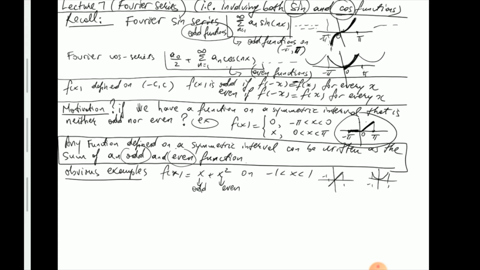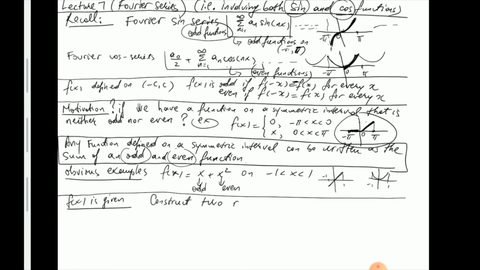So here's a recipe of how to construct the even and the odd part. Let's say f of x is given, the given function. Construct two related functions. One of them, let's call it g of x, is defined as the semi-sum of f of x plus f of minus x, so g of x equals f of x plus f of minus x over 2.